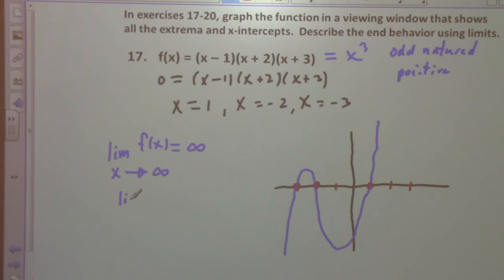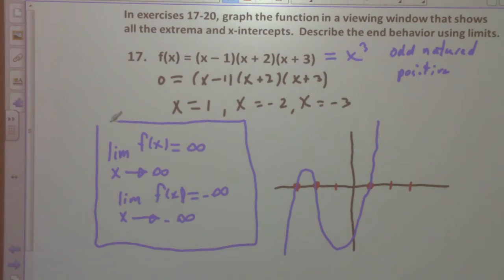And limit as x approaches negative infinity of f of x is equal to negative infinity. Okay, so these will be our answers for problem number 17. So that's it. Any questions on this one?